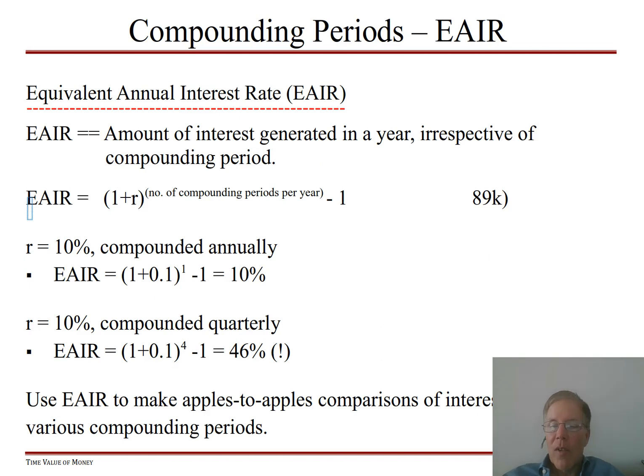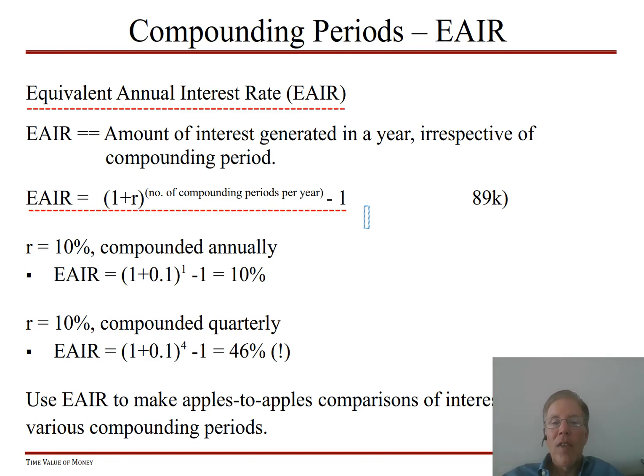And we can always compute it, the amount of interest that this deal would generate for us in a year, with this formula. The EAIR is 1 plus R, where R is in our native units, R compounded quarterly or whatever, raised to the number of compounding periods per year, minus 1.